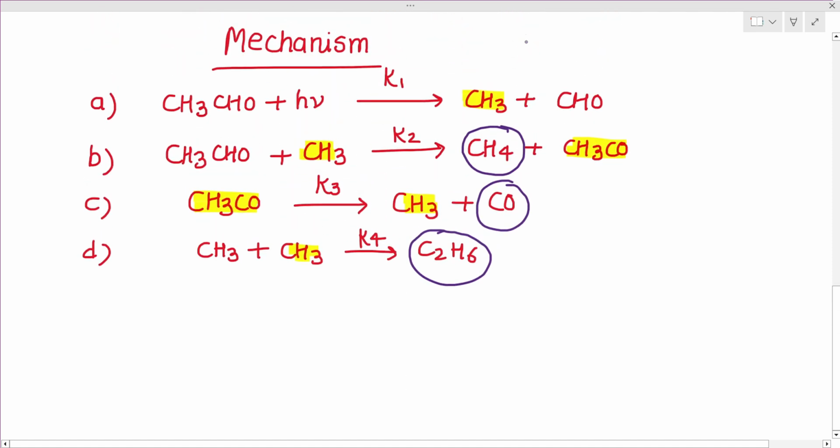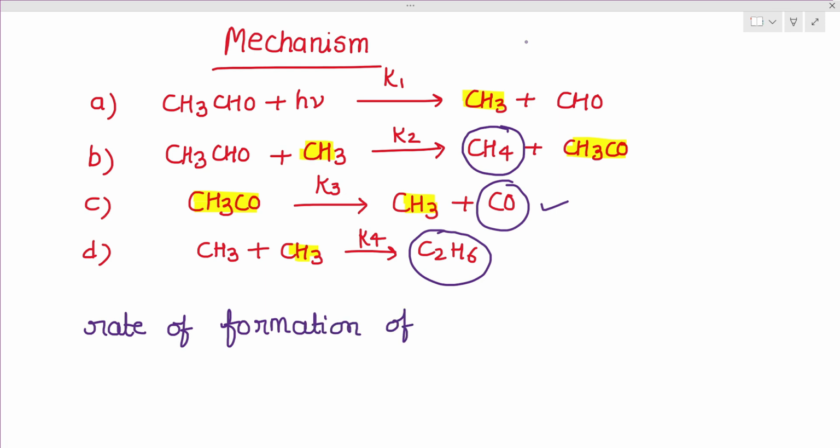Carbon monoxide is formed in step number 3. So the rate of formation of carbon monoxide is given by step number 3.